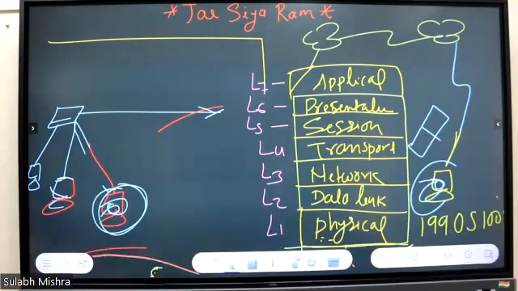Write down the 7 layers model the same way I have written.